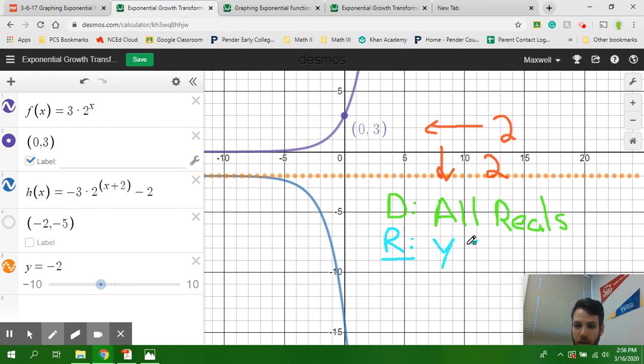Y is less than -2. And our horizontal asymptote is going to be at y equals -2. We're not going to quite get there. We're going to level off at -2.